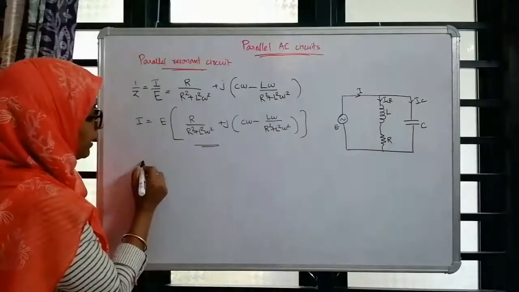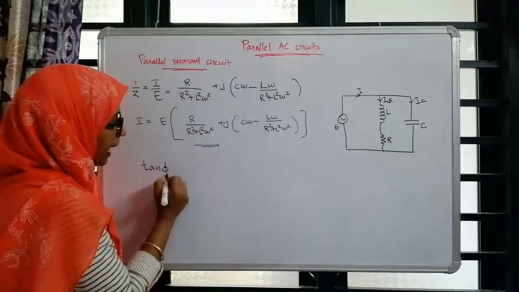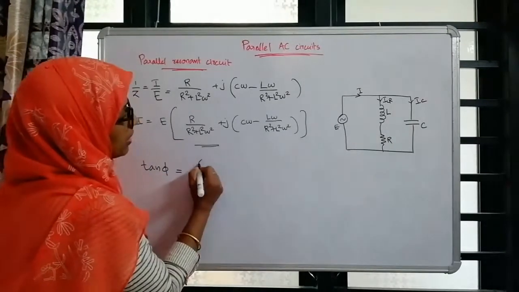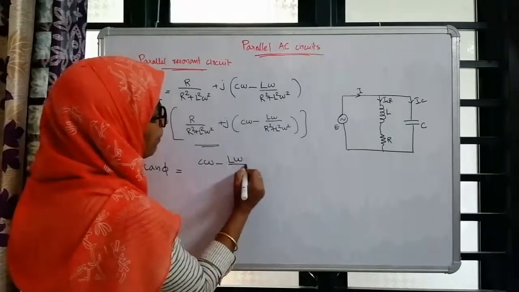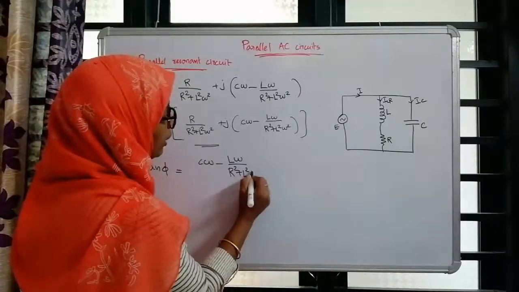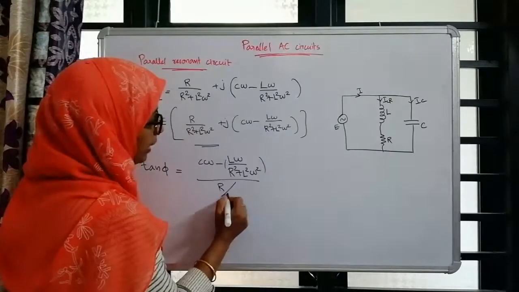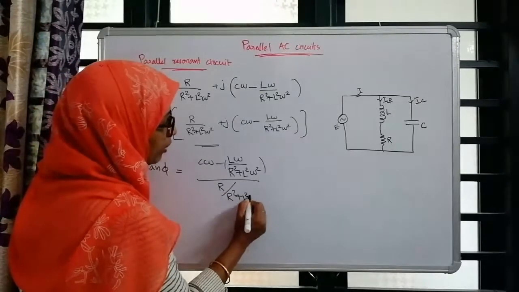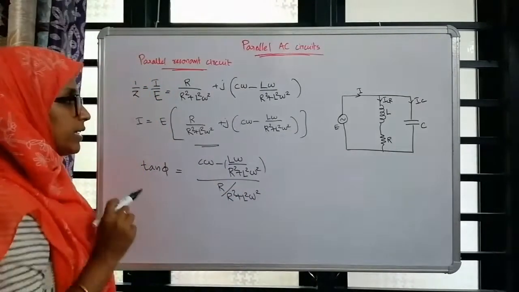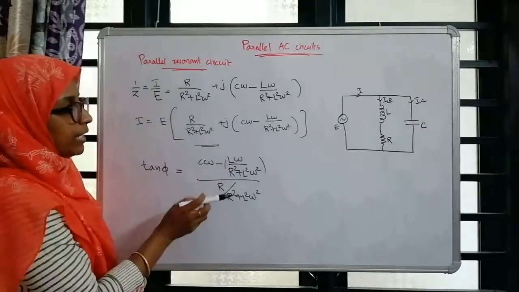And also we can find tan phi as C omega minus L omega by R square plus L square omega square divided by R by R square plus L square omega square. That is the imaginary part divided by the real part.